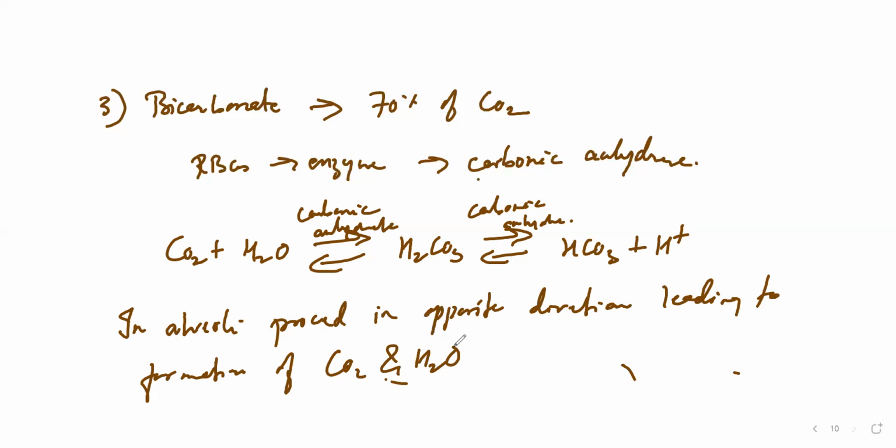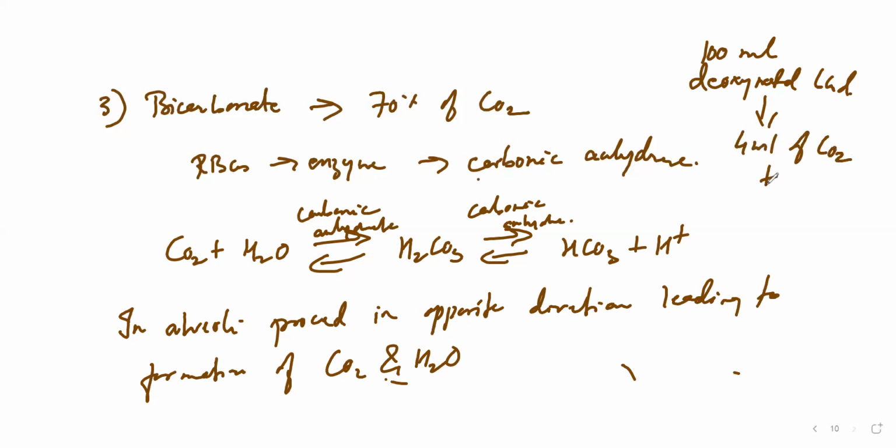If you consider 100 ml of deoxygenated blood, it will deliver about 4 ml of carbon dioxide to the alveoli. Okay, so this is how carbon dioxide is transported from the tissues to the lungs and excreted out.